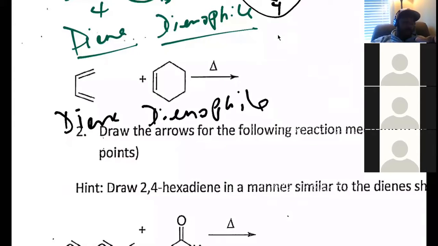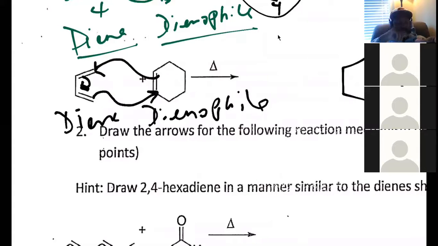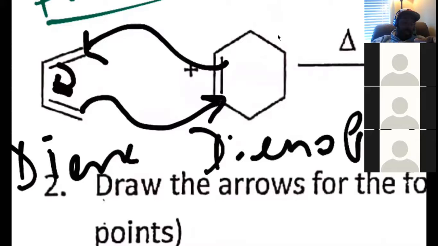So if we do the mechanism, we'll see why. This pair of electrons is coming here, and then this one is moving here, right? So the 6-member ring that was already present didn't change. But now you've got a sigma bond between these 2 carbons and these 2 carbons, right?